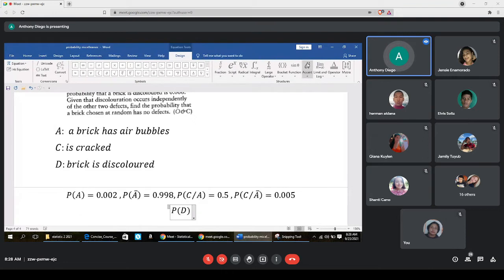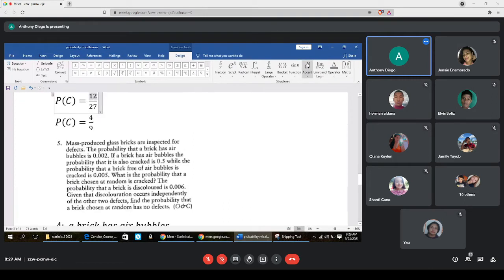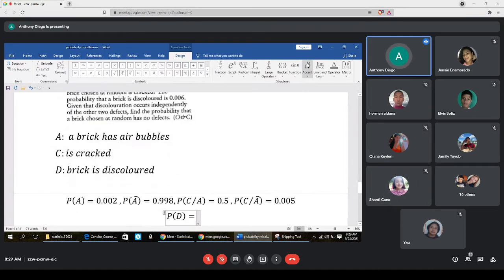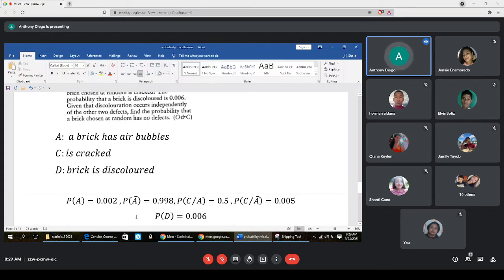What was the probability that it is discolored? 0.006, sir. Okay, 0.006. Okay, so that's the information being given to us.